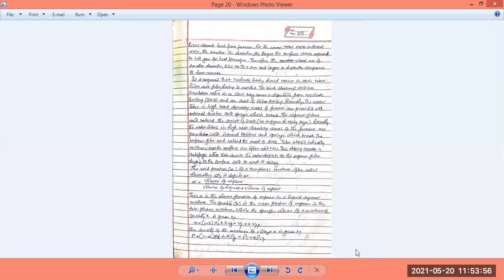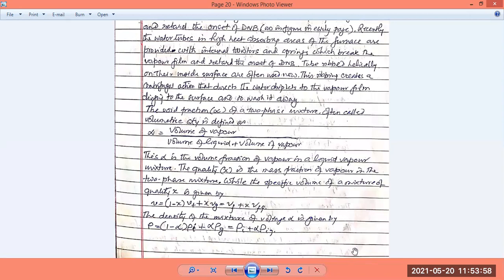Now, the void fraction alpha of a two-phase mixture, often called the volumetric quantity, is defined as the volume of vapor divided by the total volume, that is, the volume of liquid plus the volume of vapor.